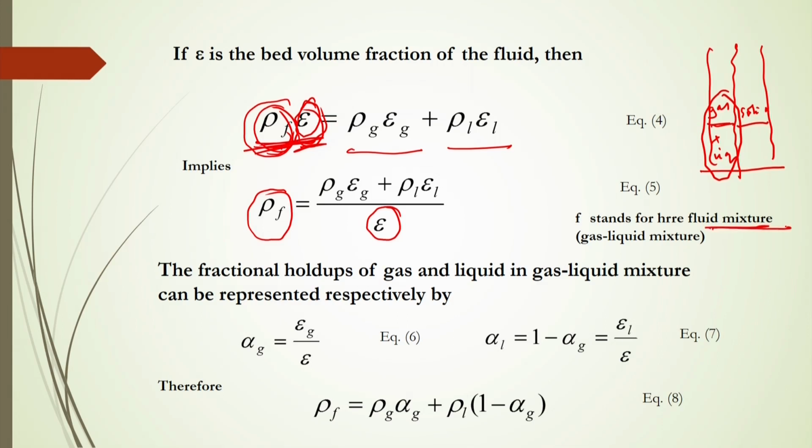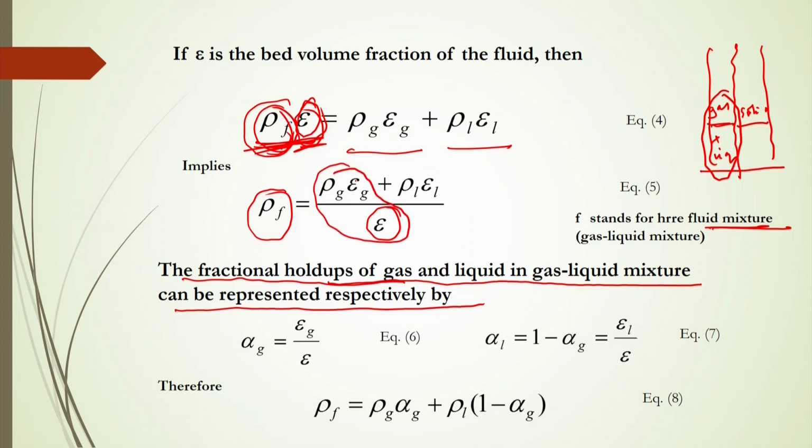The fractional hold ups of gas and liquid in the gas liquid mixture can then be represented respectively by alpha_g equals epsilon_g by epsilon, the volume fraction of the gas to the total volume of gas and liquid, which is the fractional hold up of the gas here.